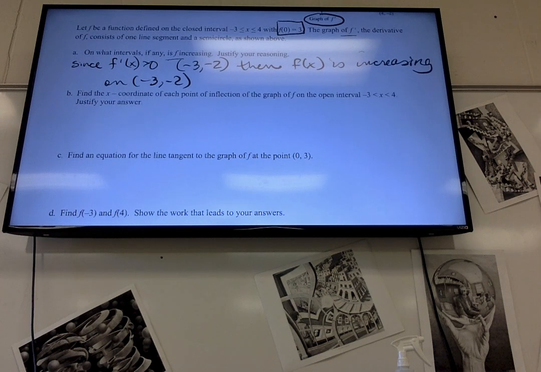So we can write that f of x has a point of inflection when, because we have to justify, f double prime of x changes signs. That means the slope of f prime of x changes, which is why we're saying maxes and mins.